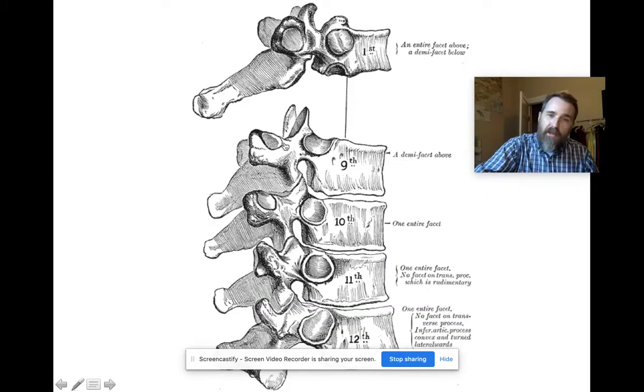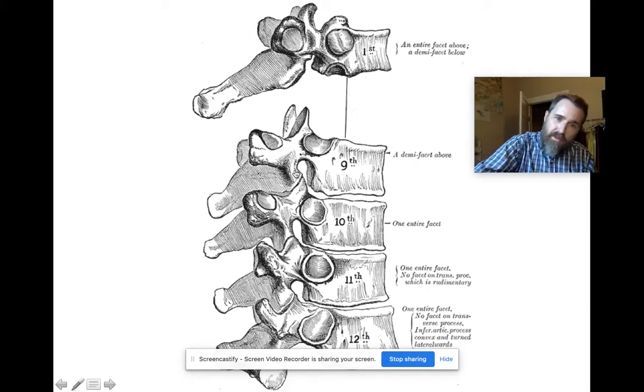If we look at the articular facets on this vertebrae, the articular facets on the top of the vertebrae would be known as the superior articular facets. But those superior articular facets have to contact the articular facets of the vertebrae above it.